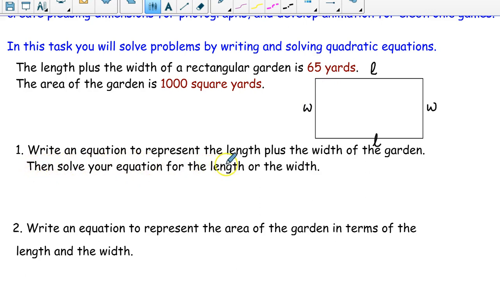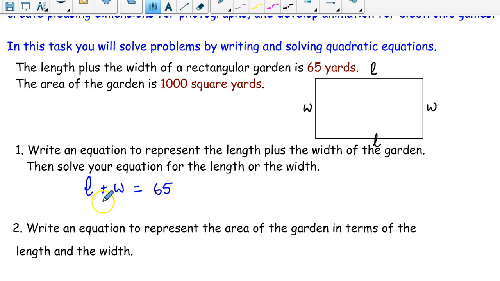Write an equation to represent the length plus width. That is L plus W is equal to 65. This is the equation you have, and these are the two variables, length and width. As the length changes, the width will change. Then you are asked to solve this equation either for the length or the width.